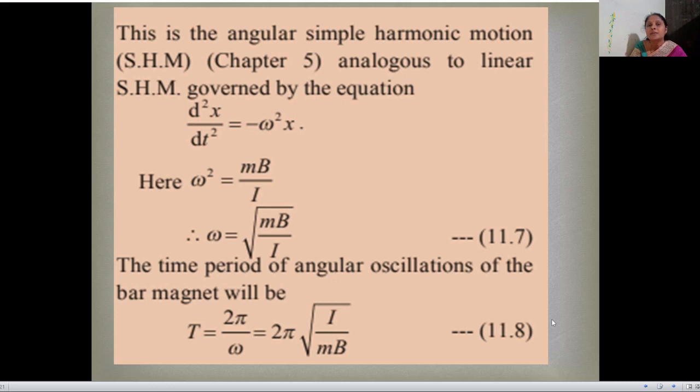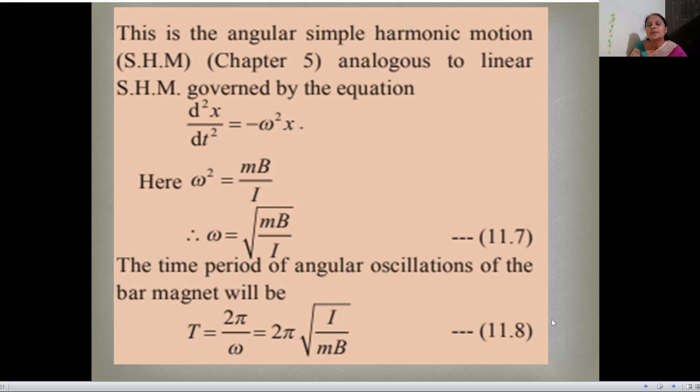And this is the angular simple harmonic motion, analogous to the linear simple harmonic motion governed by the equation d²x/dt² equals minus omega squared x. We discussed this in the previous chapter, chapter number 5.